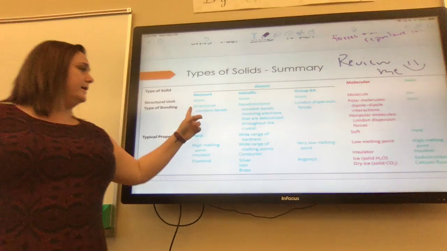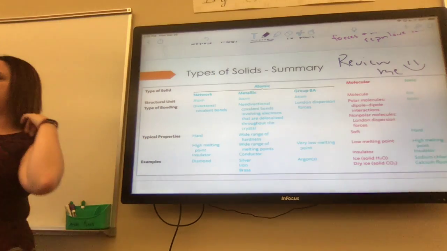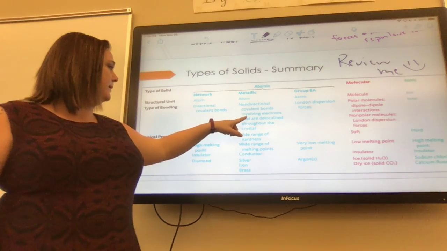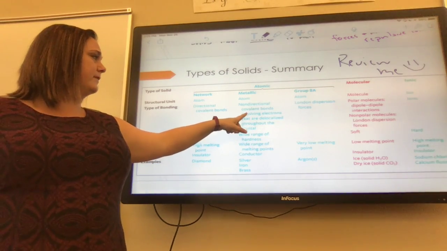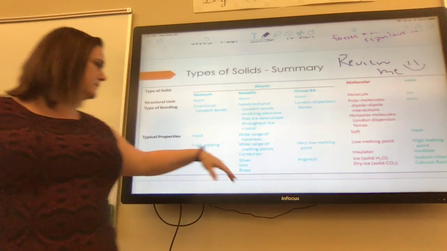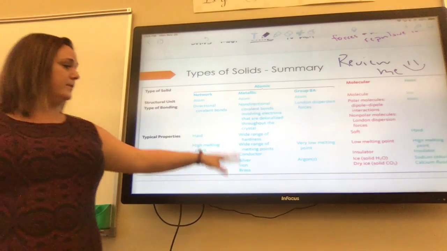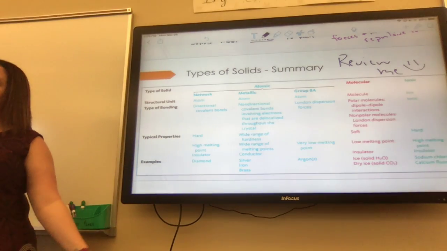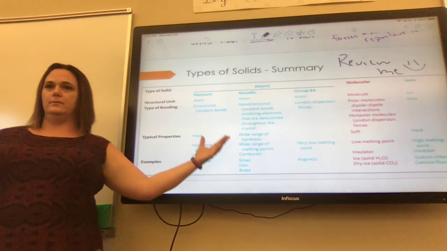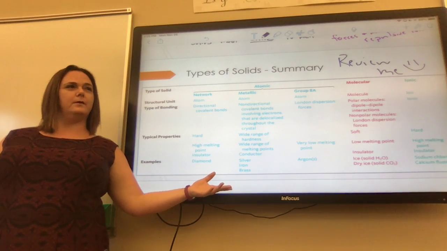It says network is directional covalent bonds. That means they go in all directions. Non-directional covalent bonds involving electrons that are delocalized, and London dispersion forces. Their typical properties. These properties are super useful. If you're still struggling with any part of your lab write-up, this may be helpful. Just as an FYI.